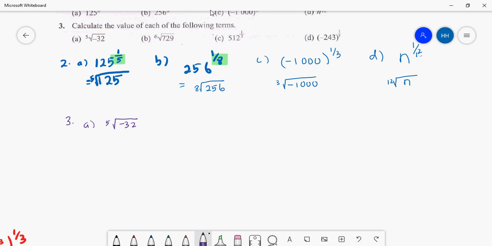Using the law of fractional indices that we learned just now, fifth root is to the power of 1 over 5, and negative 32 can be written as the number in base 2.